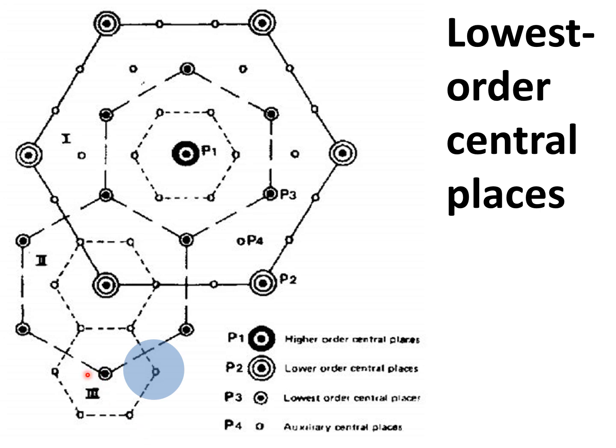So as you move up this order, these locations have a wider range of goods and services. This circle here is the P2 circle in this model. It still says lower order central places.